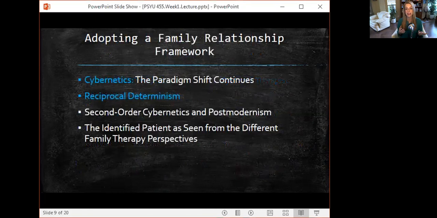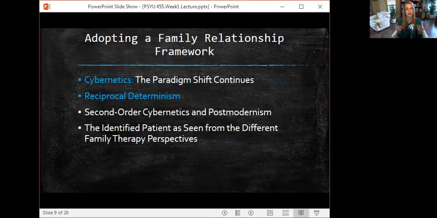Cybernetics is the study of methods of feedback, or feedback control within a system, especially the flow of information through feedback loops. I mentioned those earlier. Reciprocal determinism is a theory set forth by one of the seminal theorists in therapy, Albert Bandura.